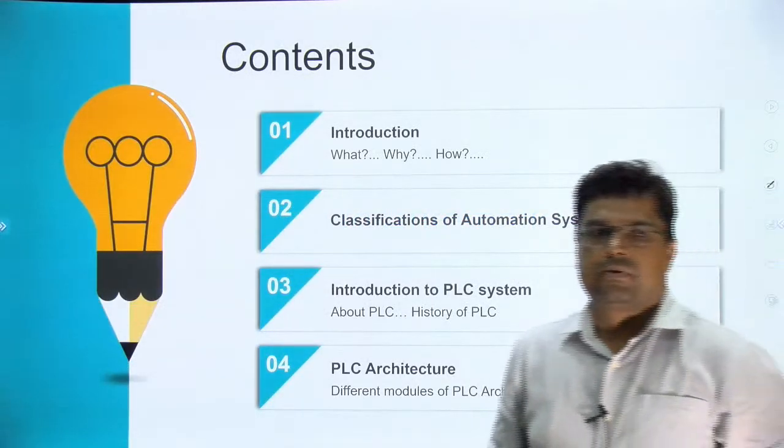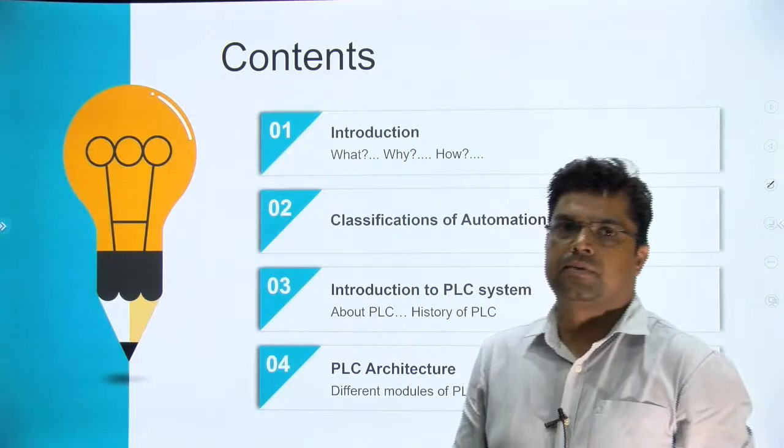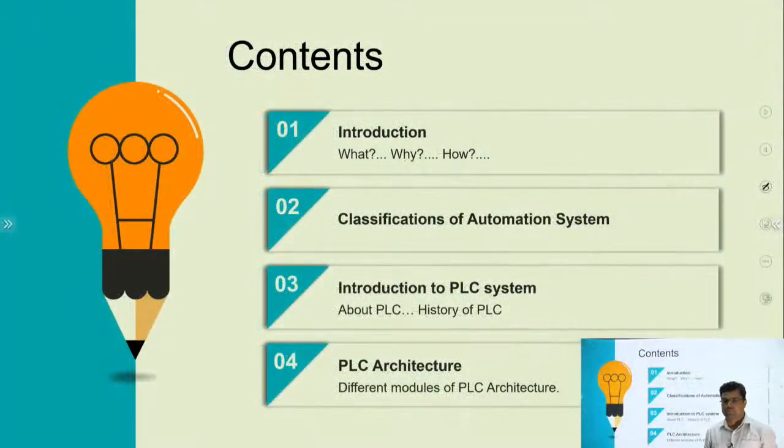So first of all, I will briefly discuss the automation system. I will discuss what you understand by an automation system, why it is used, and how to automate the system.